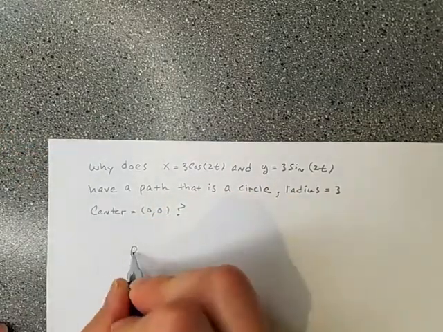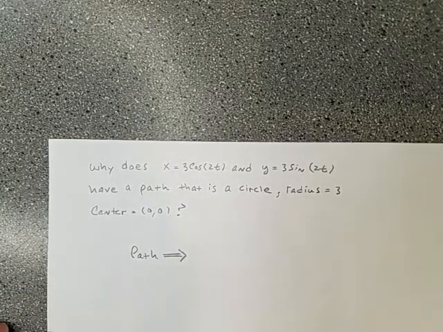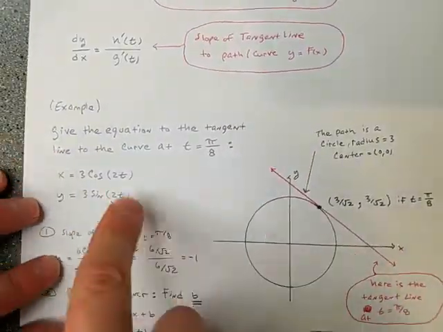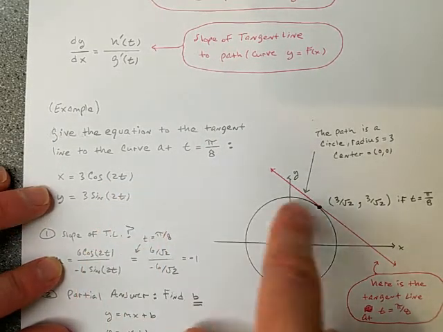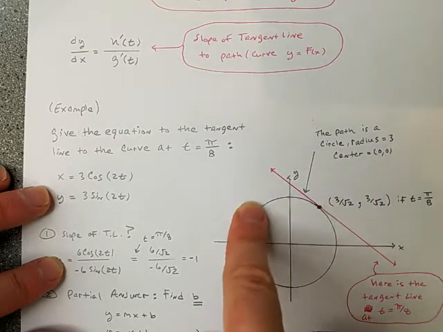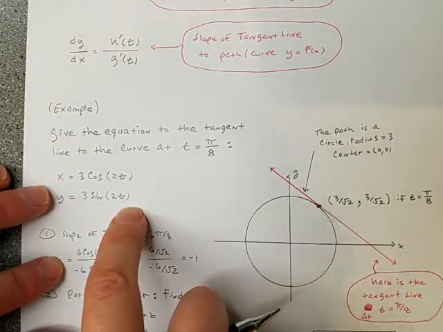Well, how do you find the path, just in general? Okay, what do we mean by path? The path is an equation in x and y. If this is motion, the path is the path you take as you move. The path you take doesn't give information about time.